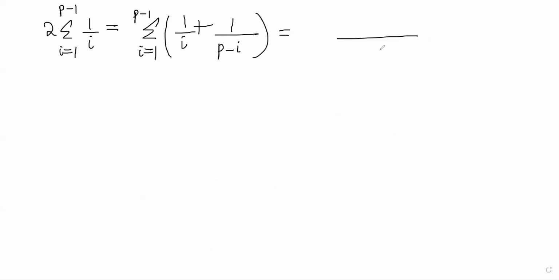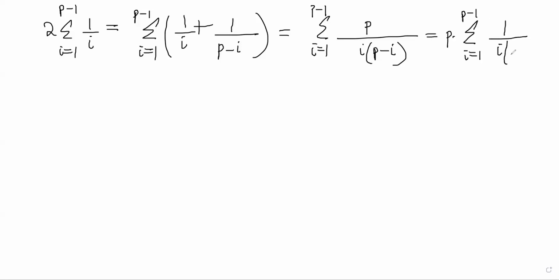And if you simplify this, this becomes i times p minus i, and on top you get a p. i goes from 1 to p minus 1. You can take the p outside, p times summation i goes from 1 to p minus 1, 1 by i times p minus i, because p is a constant and summation is over i. And now you think about modulo p of the thing inside the summation, right?